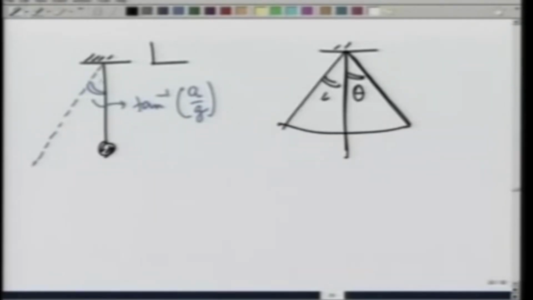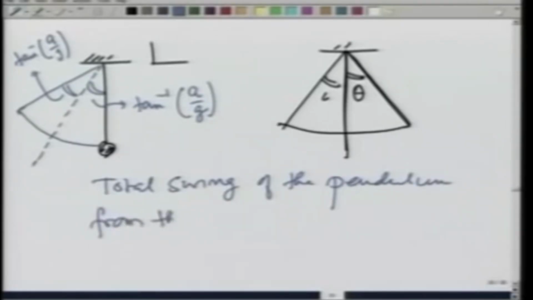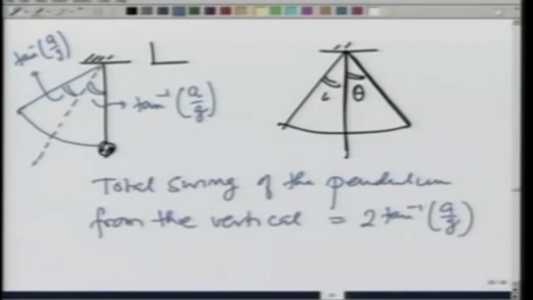So, in this accelerating frame, the pendulum will swing across the equilibrium point exactly by the same angle as it was initially to the one side, and that is going to be tan inverse A over G. So, the total swing of the pendulum from the vertical is equal to 2 tan inverse A over G.